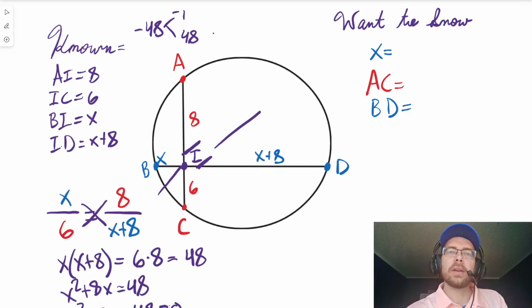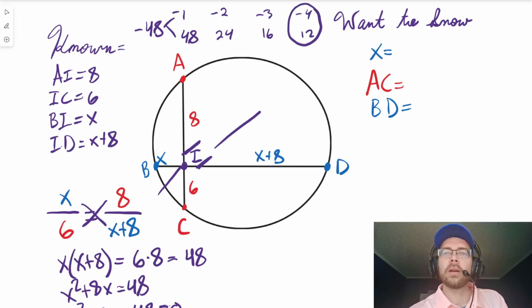Not good enough yet. What about negative 2? That would be 24. Nope, that's not going to work either. What about negative 3? 16? No, but we're getting closer. 4 and 12. That will work because negative 4 plus 12, or 12 minus 4, is positive 8. Those are the factors we want.